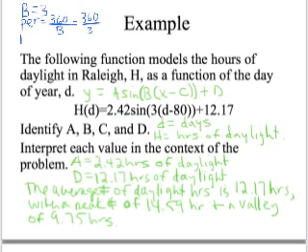And B is an input, so the units on this would be 120 days. And the interpretation would be it takes 120 days for daylight hours to complete one cycle.